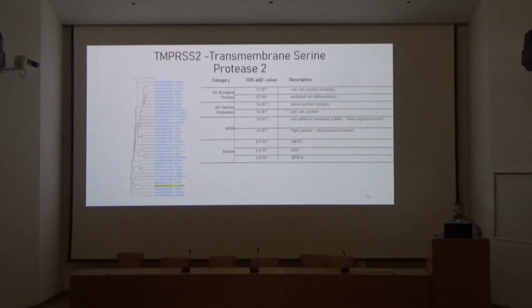And we got a large subclade, and the enriched terms from that subclade were actually related to virus attachment to epithelial cells, with terms such as cell-cell junction assembly, epithelial cell differentiation, and cell adhesion molecules.